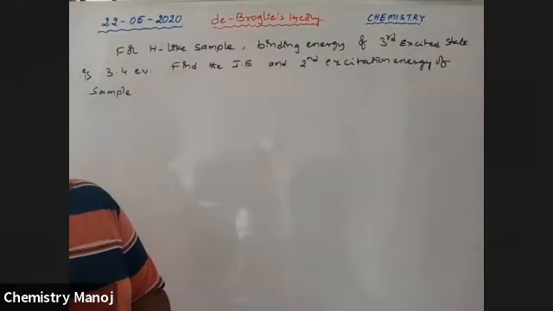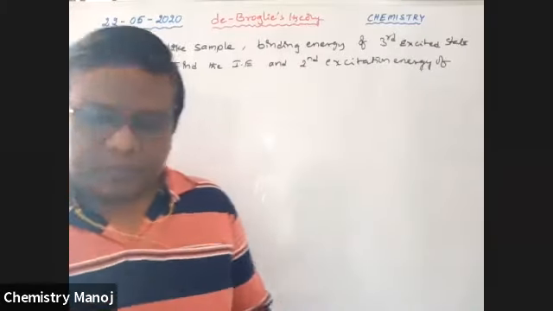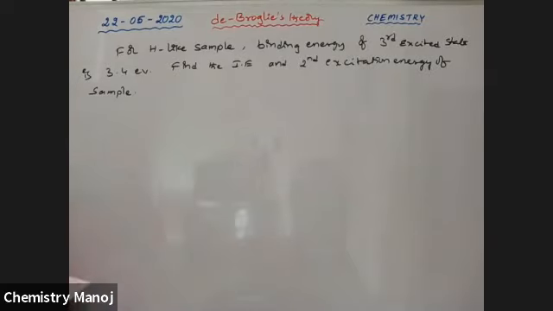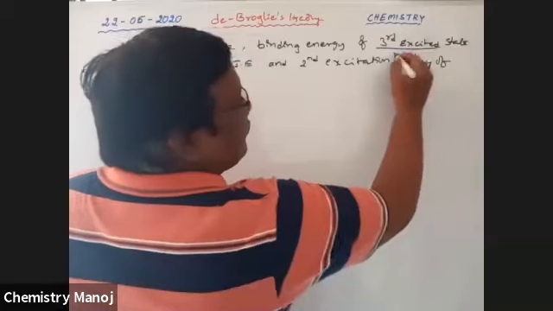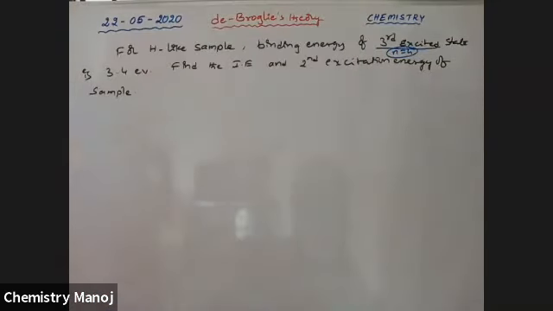So this is the problem, based on your energy terms. The word third excited state means n is equal to 4. For that, the binding energy is given.